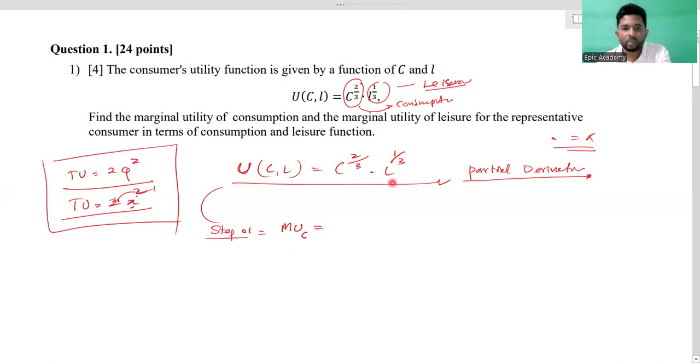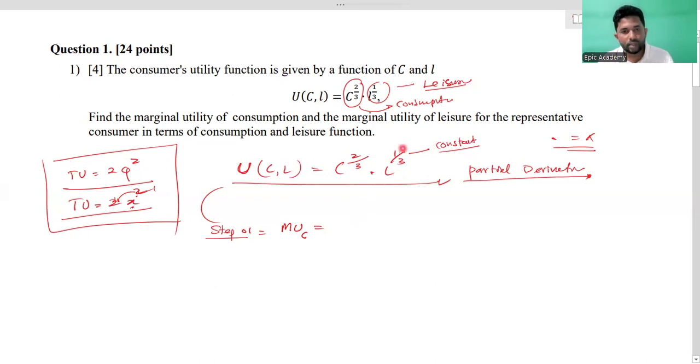Then what happened to the L? L becomes constant. But isn't it multiply? No. There's a multiply there, but we are not going to consider that one. Partial derivation considers only that part. It becomes constant because you are going to understand the marginal utility of consumption, not leisure.